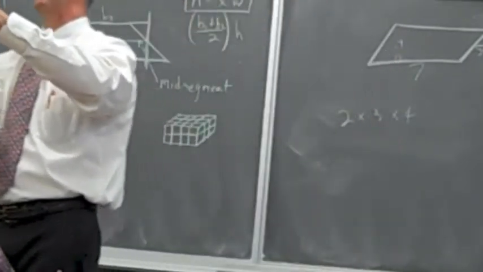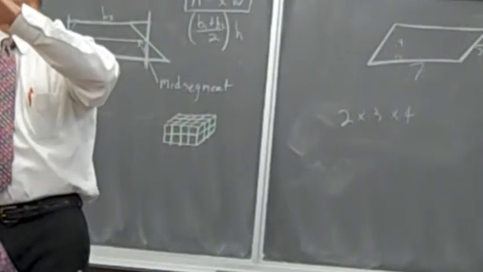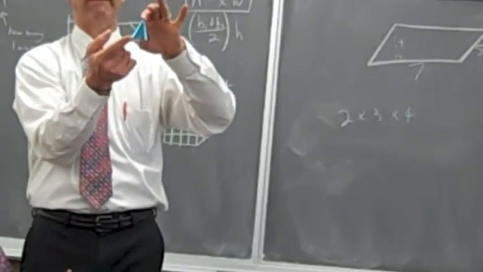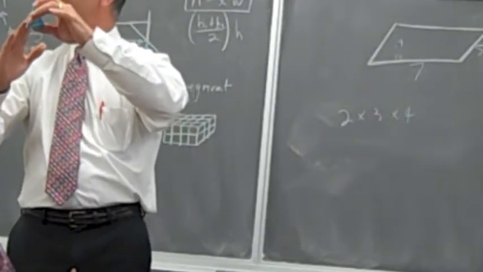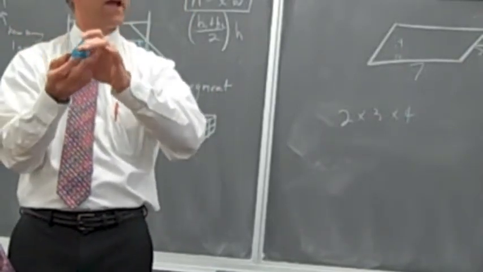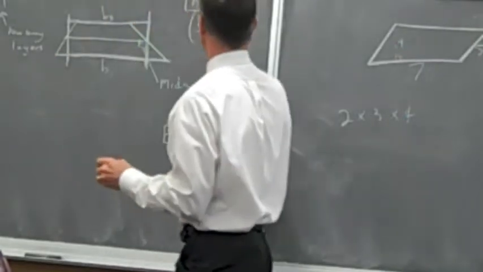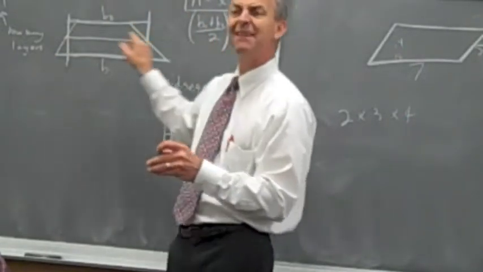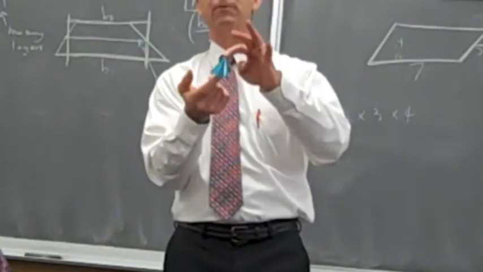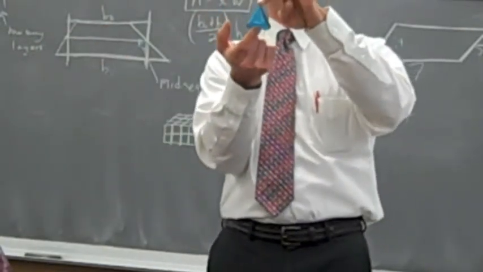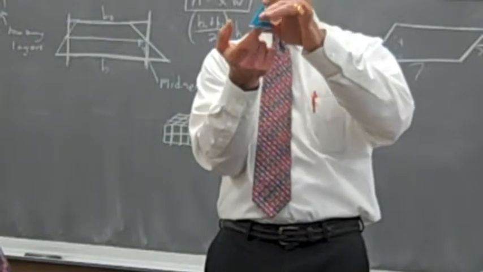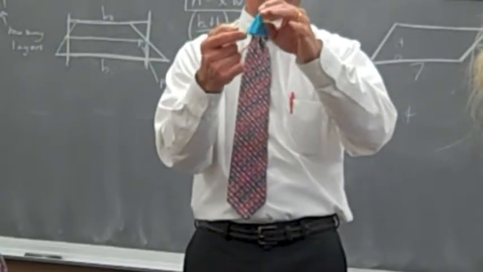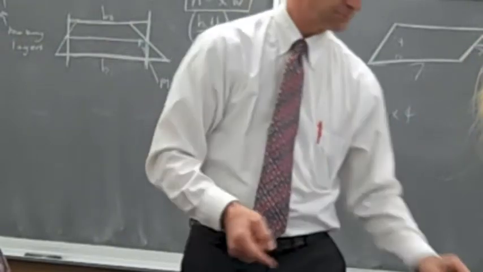That's the height. If we take the distance between my fingers now, that's called the slant height. Why? Because it's slanted, right? And every other time we use H, it's always what? Perpendicular. So when we use H for a cone, we're talking about from the center of the circle to the vertex. When we're going from here to there, it's the slant height.